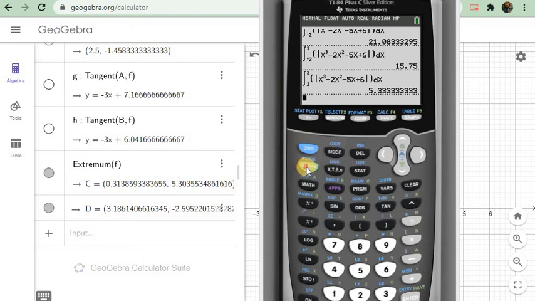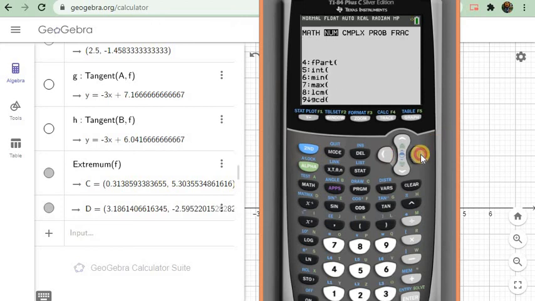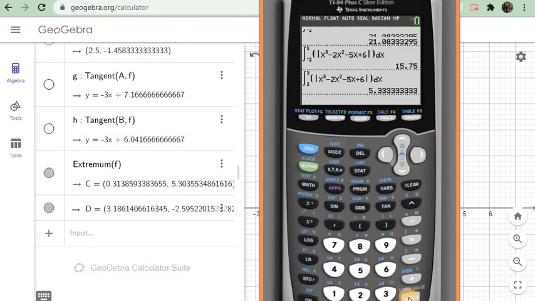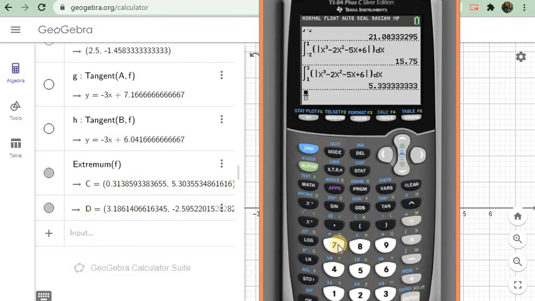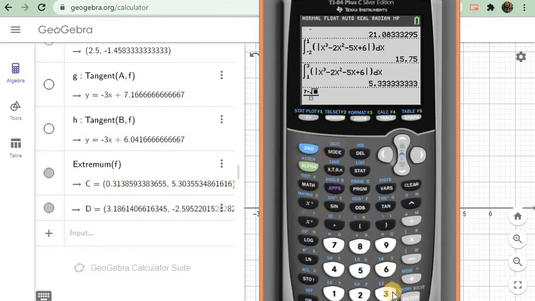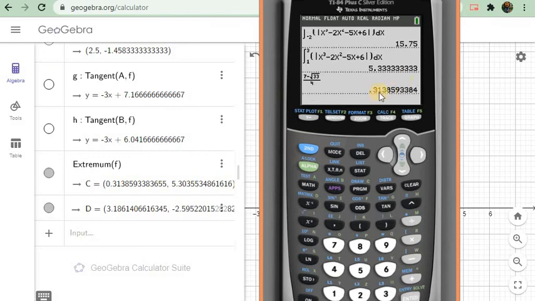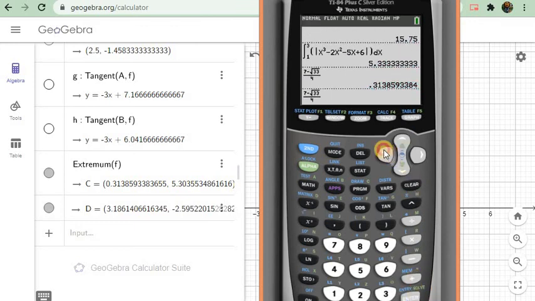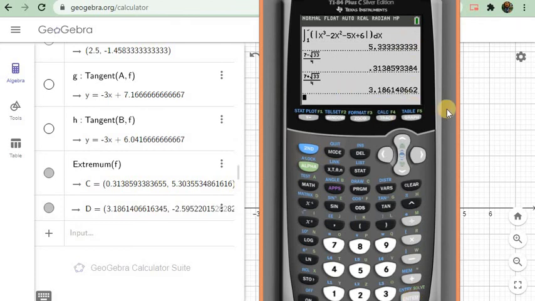If we input it, fraction, 7 minus square root of 33, divided by 4, the answer is 0.313 and so on. And if you look for the plus one, the answer should be 3.186 and so on.